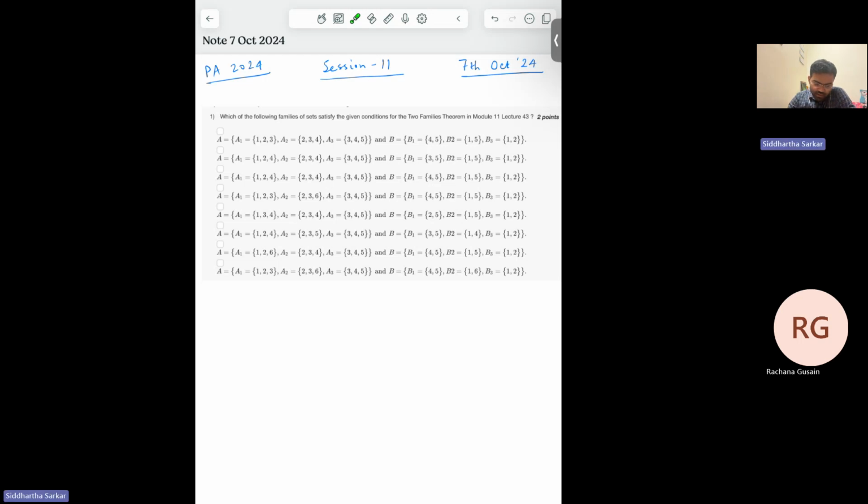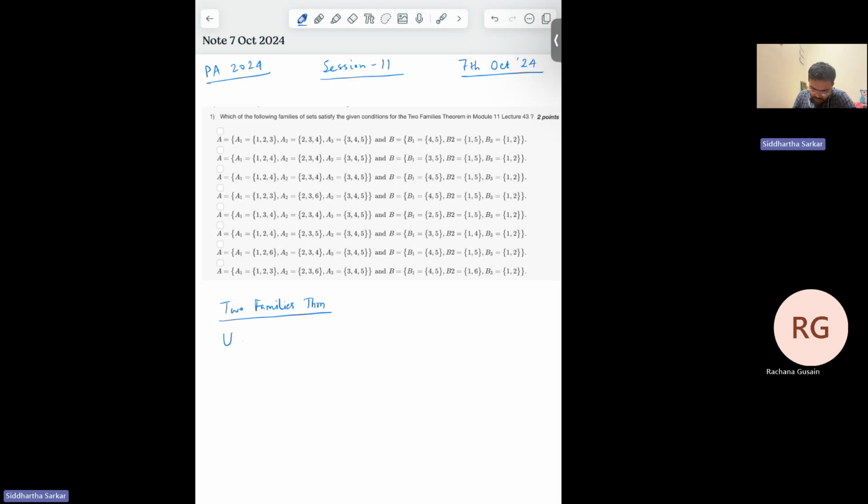So I hope you had a chance to look at the video. Let me give you a rough idea about the theorem. Here is the two families theorem. There is a universe U, a universe of some elements, and from that universe two different families of sets are constructed.